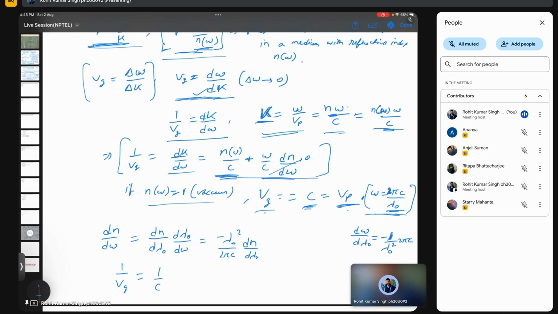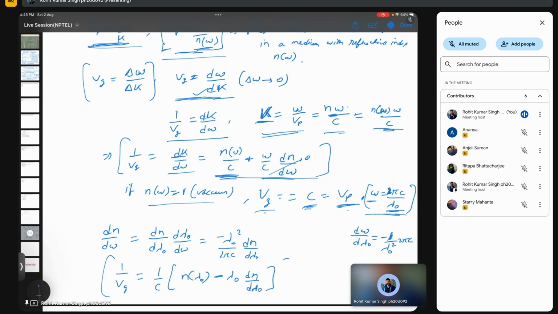So 1 by c we can take out, and n remains. Till now we have written n as a function of omega, but since omega and lambda naught are related, we can write it as a function of lambda naught, minus, and omega by c is 2 pi by lambda, so everything cancels out and you have just lambda naught dn by d lambda naught.